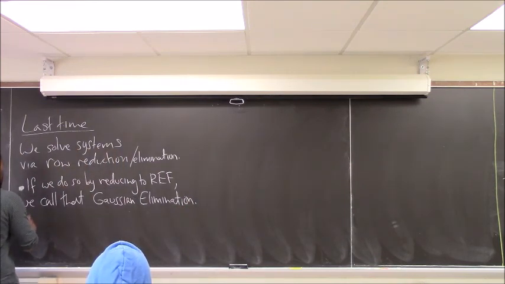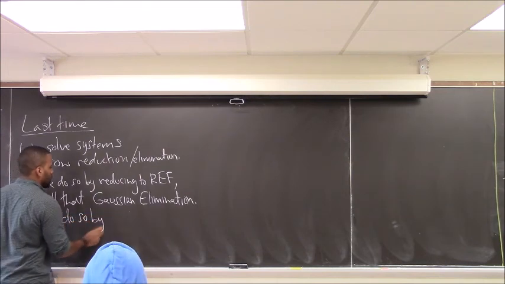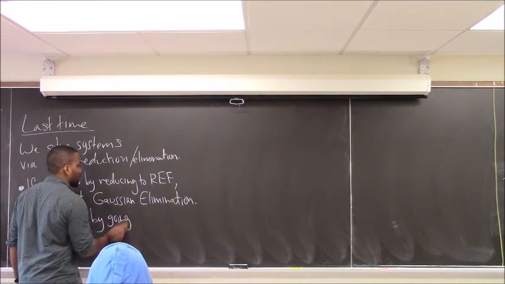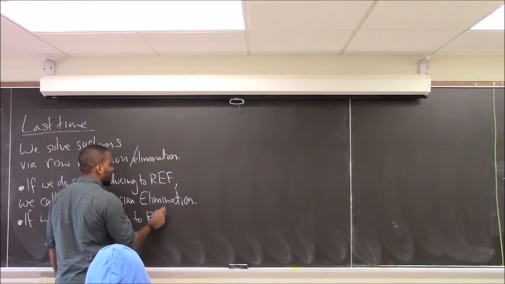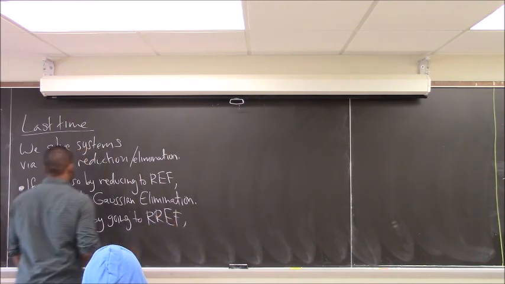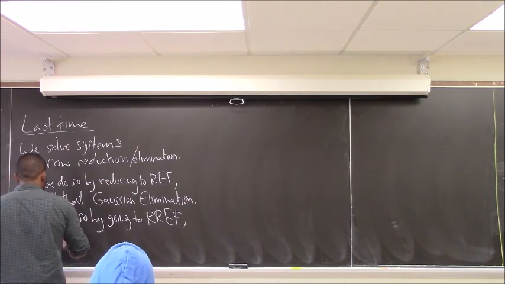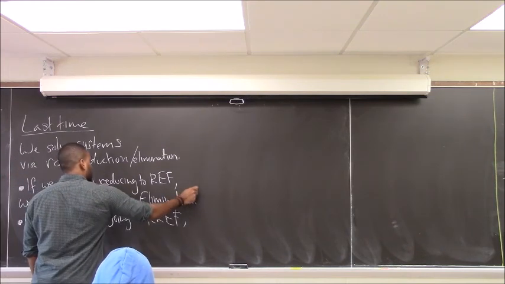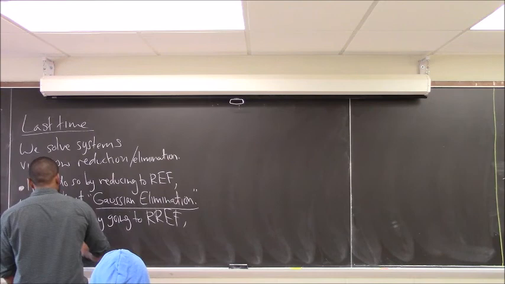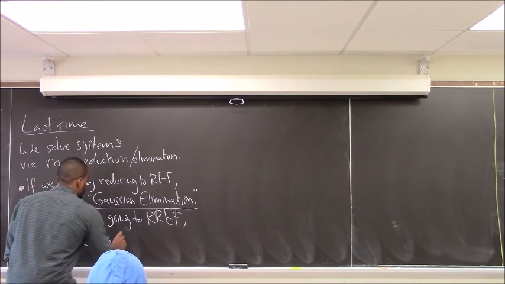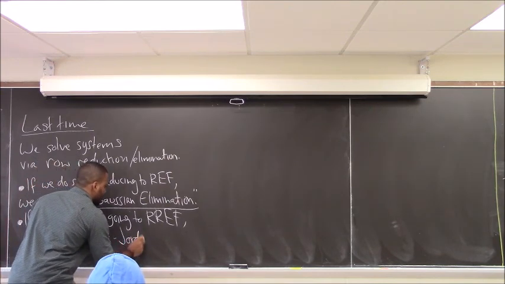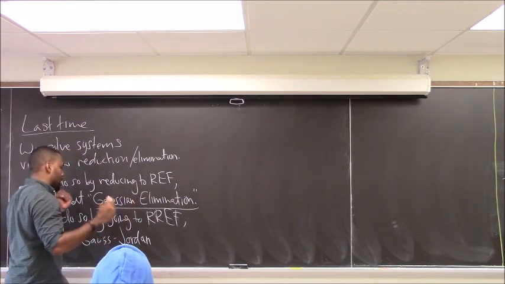If you go all the way to reduced row echelon form, then the name of it that you might see is Gauss-Jordan elimination. We need more power, 2 mathematicians.